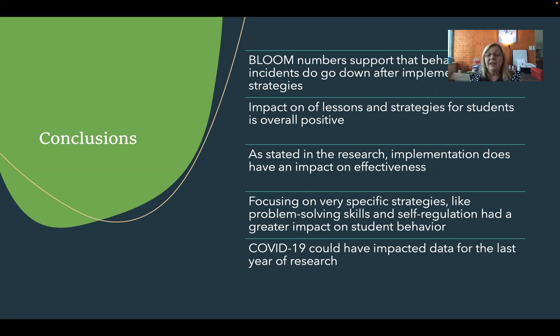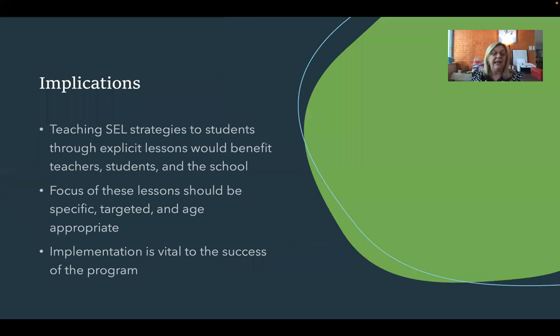The teachers felt the students really were developing some coping skills through this explicit teaching, and that implementation does have an effect on the impact, and that focusing on those very specific strategies was very important, so that we weren't teaching a new lesson every single day, but just honing in on those and repeating those problem solving skills so that the students knew them and were able to implement them in their own lives with other students and their peers. Again, COVID-19 could have, and I'm sure, impacted the data for that last year.